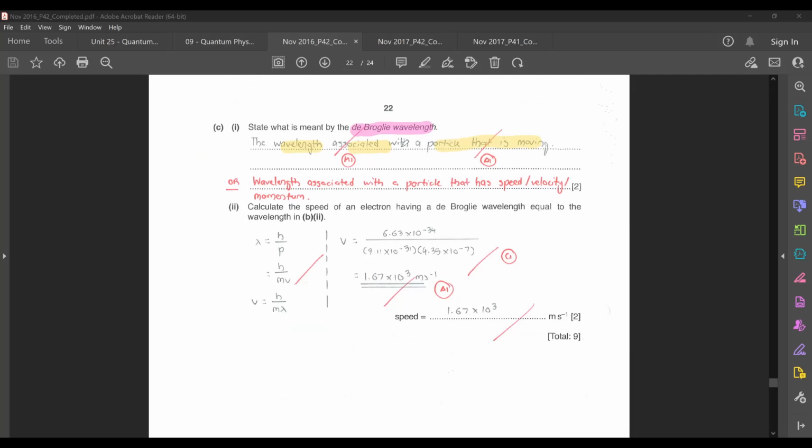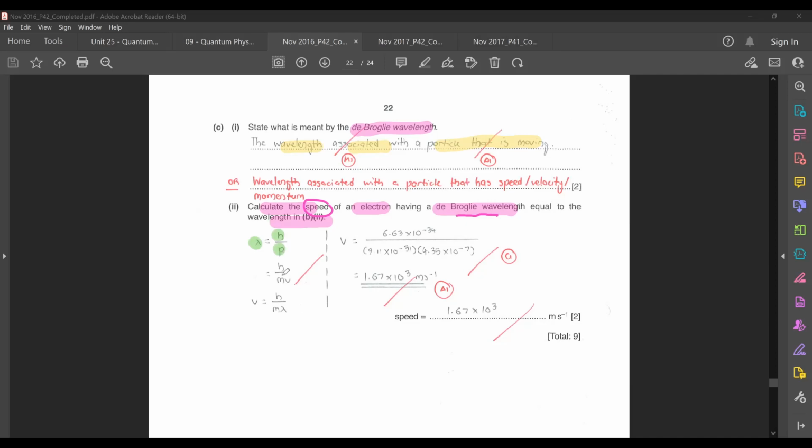And then in part 2, calculate the speed of an electron having a de Broglie wavelength equal to your wavelength in B2. So you want to find out the speed of your electron with the de Broglie wavelength that you just found in B2. So you need to use your de Broglie equation.